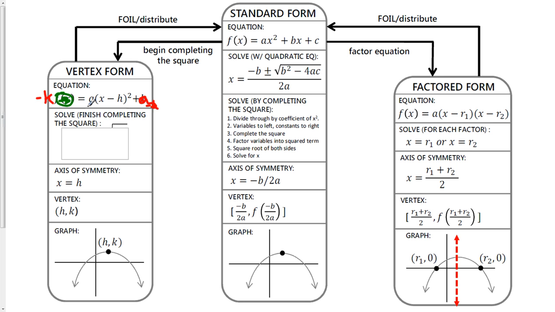You would divide both sides by a, canceling that out. You would take the square root of both sides so that you can cancel out that square. You always have to remember your plus or minus here.